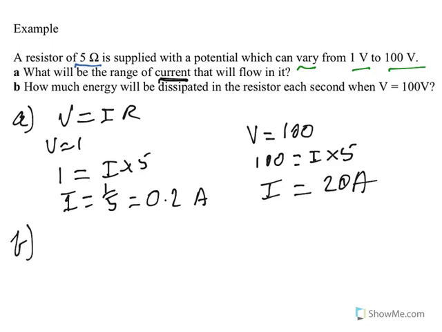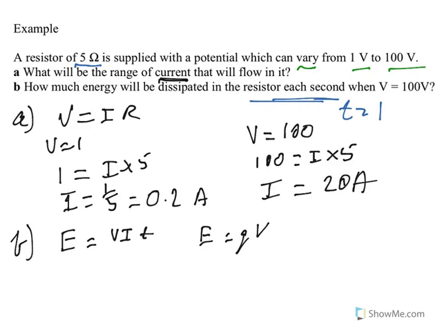Part B says how much energy would be dissipated each second. So energy, electrical energy, there's a few different ones, remember. There's VIT and there's QV. It says each second, so what have we got? Well, we've got time, 1 second.